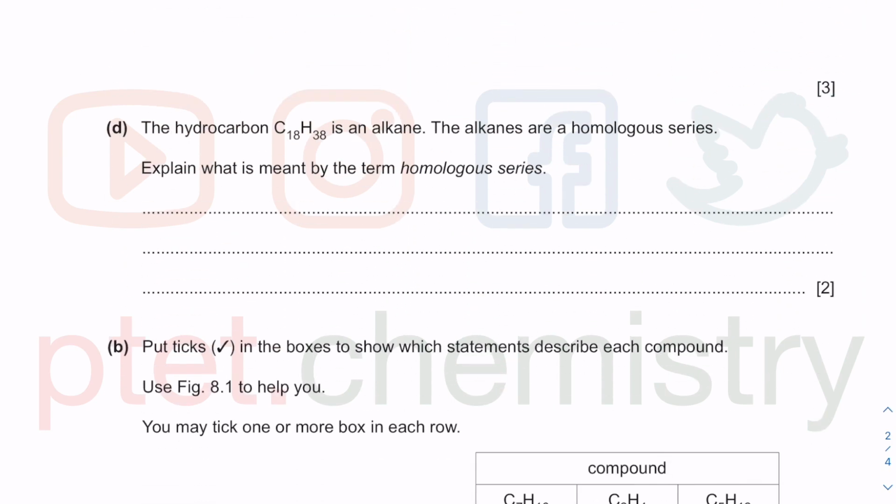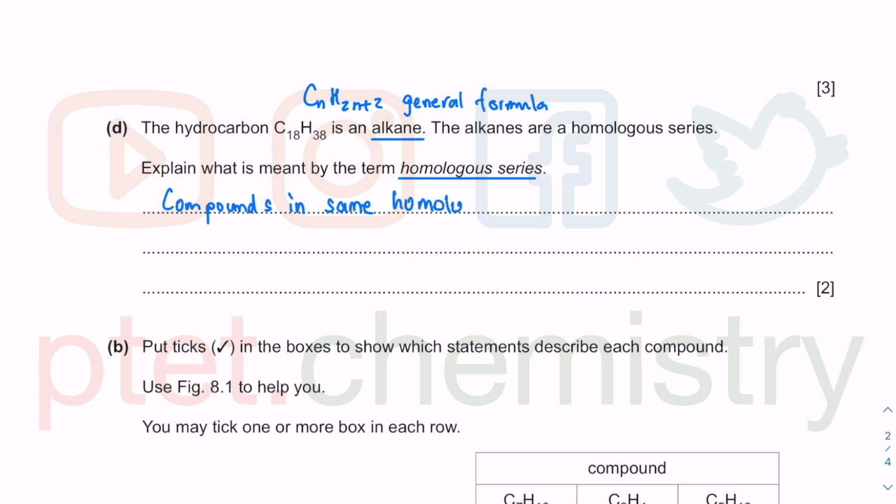Part D, we have an alkane as mentioned, CnH2n plus 2, the general formula of an alkane. So they are a homologous series. What is meant by homologous series? Compounds in the same homologous series have the same chemical properties, just like alkanes undergo combustion reaction.